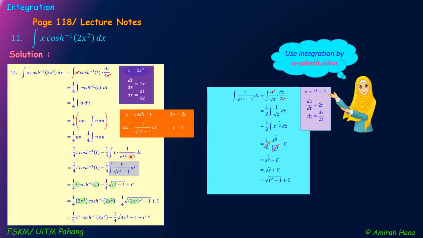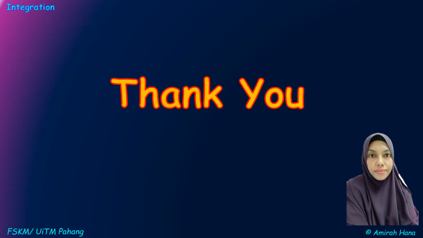Okay. Lepas tu, bila dah integrate ni, saya tunjuk kat tepi. So, kita masukkan dekat sini. Tapi kita dapat dalam jawapan, dalam variable T. So, you kena ganti balik. T tu equals to 2x squared. And then simplify. And then dapatlah jawapan yang ni. Right? Got it? Thank you.